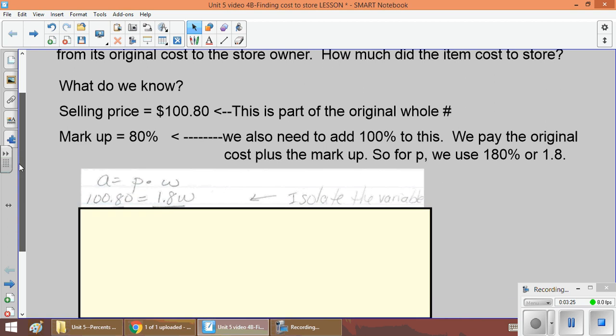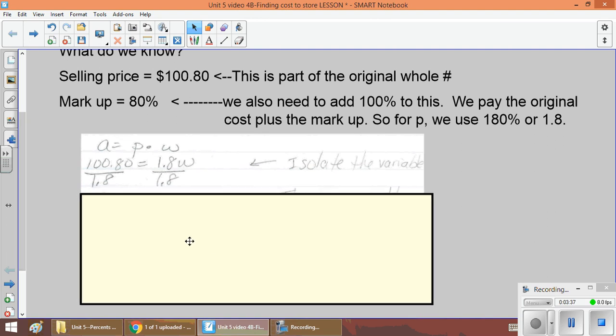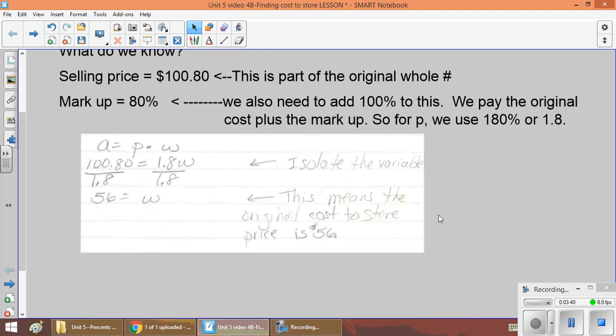So to isolate W, we divide both sides by 1.8. If you take your calculators out and divide 100.8 divided by 1.8, we get $56. So this means the store bought an item, shoes, a dress, a hat, whatever, for $56. So they took that $56 and added an extra 80% to it. So they sell it to you for $100.80.